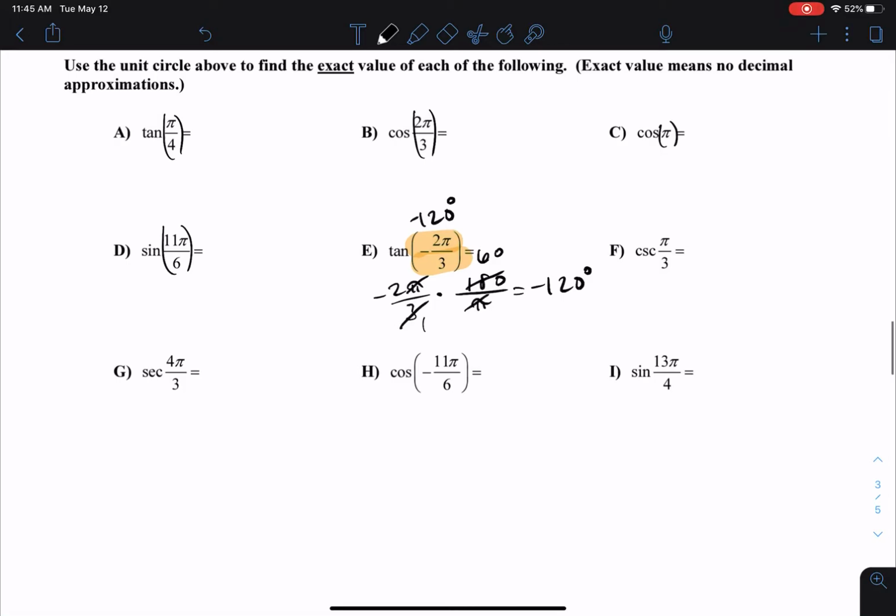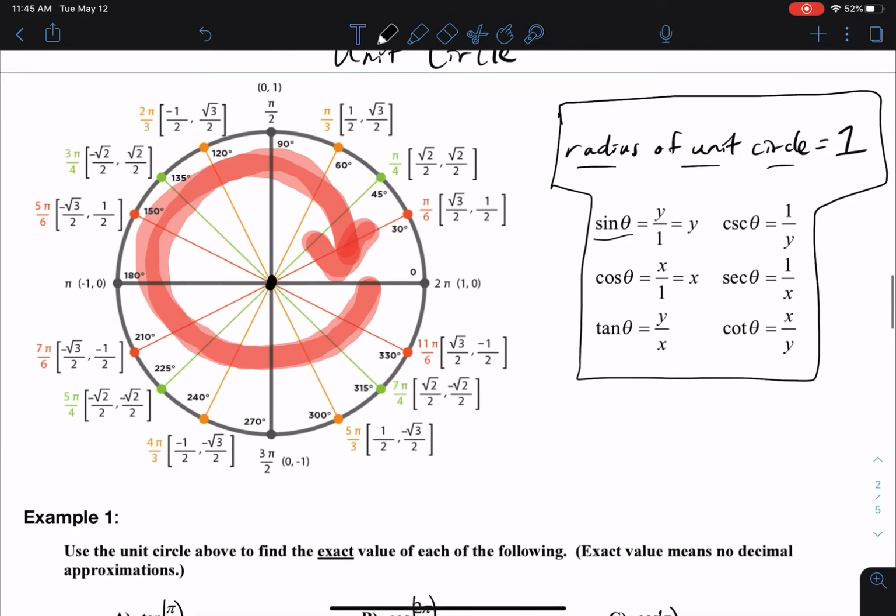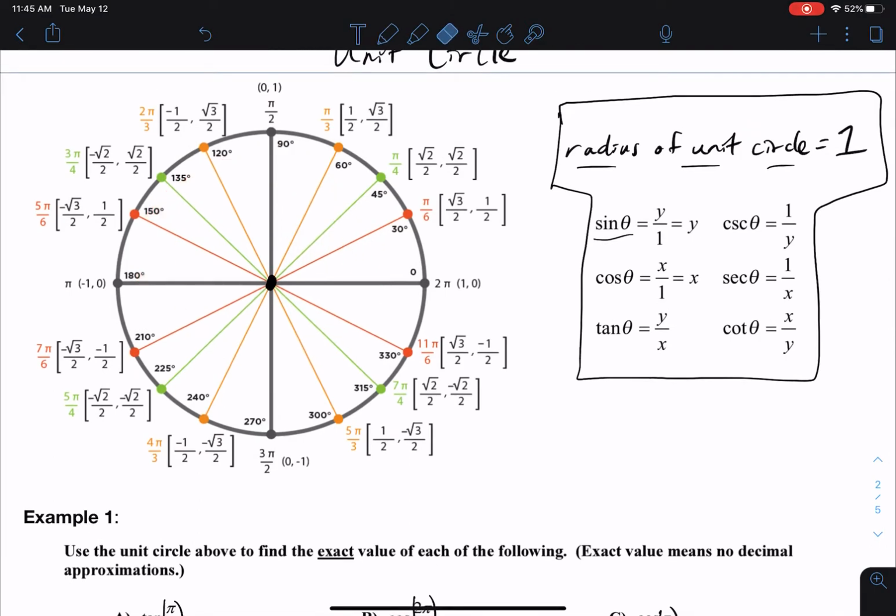Okay, so now I'm going to go back up to my unit circle, and I'm going to go in this direction until I get to negative 120. The first line I cross here is 330, but it's also negative 30 degrees. And then negative 45, negative 60, negative 90, negative 120.